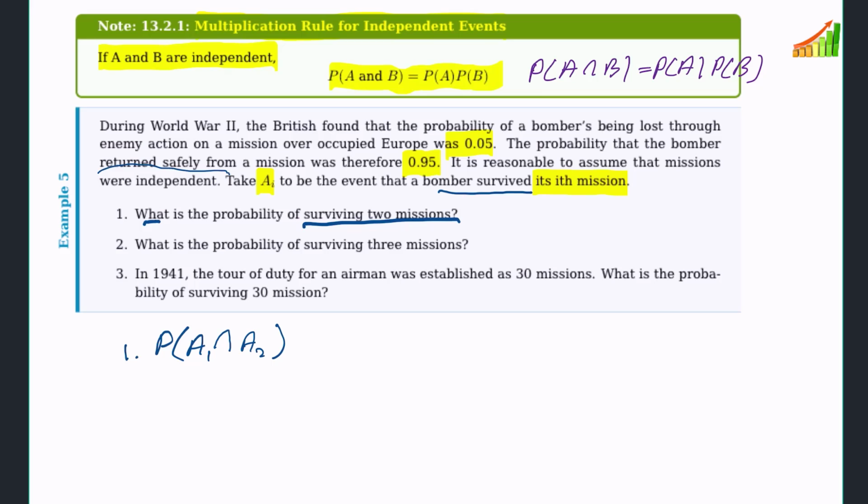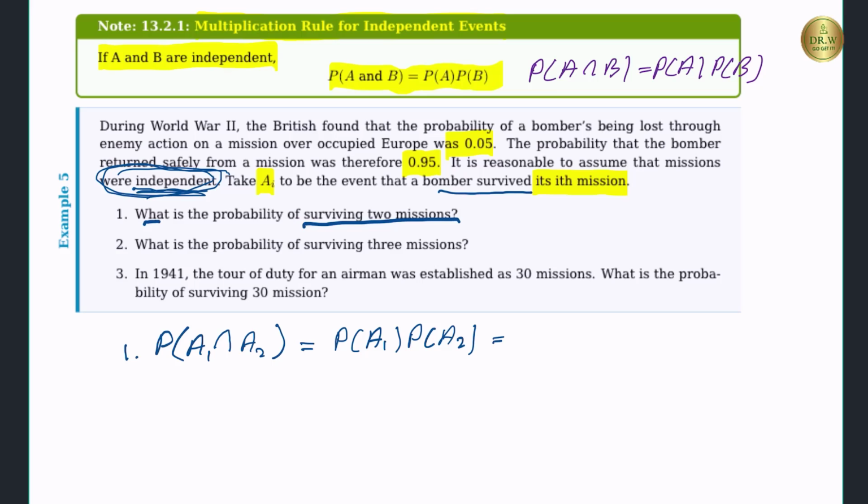Missions were independent. If you don't see this part, independent, then you cannot use this multiplication rule. Now I am going to apply the multiplication rule because of this word independent. Therefore, this equals probability of A1 times probability of A2.